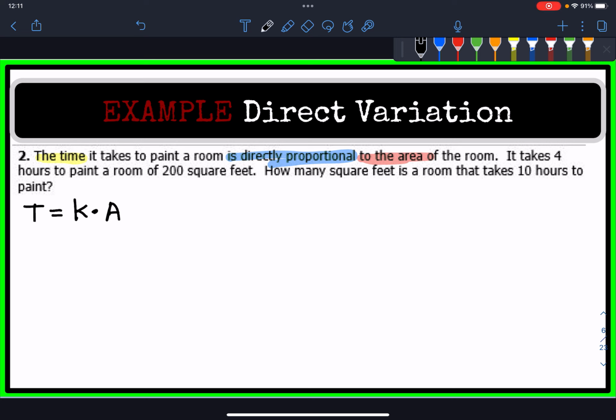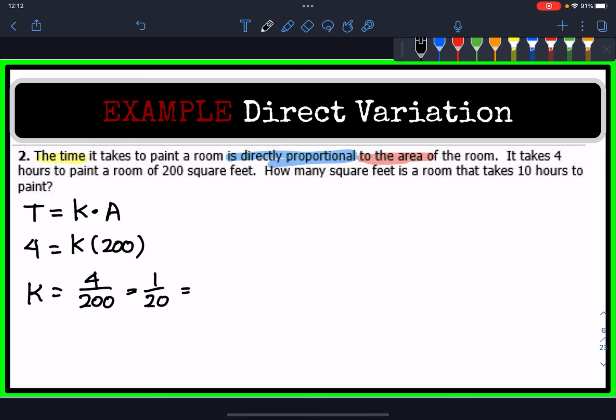If it takes 4 hours to paint a 200 square foot room, so 4 hours is the time and the area is 200 square feet, we get the constant of proportionality by dividing 4 by 200, which in fraction notation is 1 over 20. But let's write this as a decimal, which is 0.02.